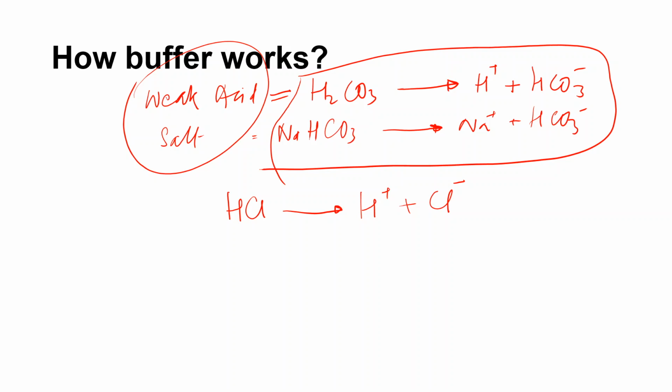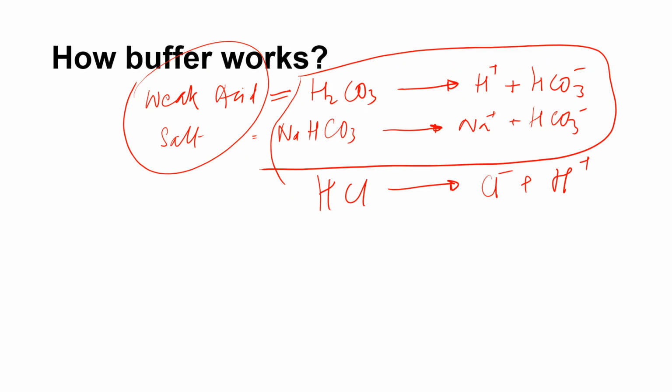So what will happen when it is dissociated? Let's write here actually. Hydrochloric acid will be dissociated into chloride and proton. This bicarbonate ion and this proton will combine and become carbonic acid. So the hydrogen ion concentration of the solution will remain the same.